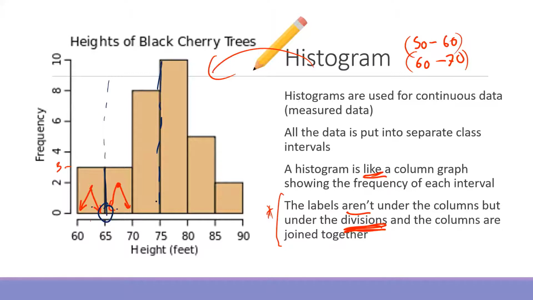This also shows you why it's so important that all these columns are joined together, because both this one on the left and this one on the right need to reach to that 65 line. I have seen some histograms that have more defined columns. I don't think they're histograms, but they can claim whatever they want.